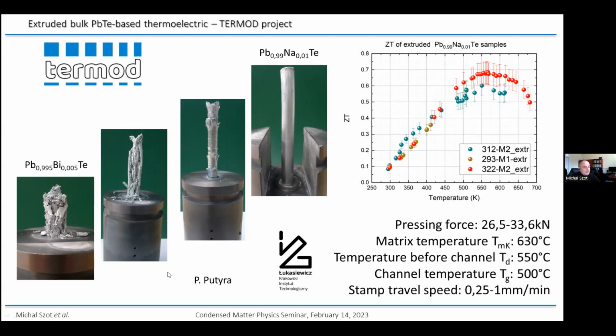Anyway, we found the proper conditions, and material which was obtained by extrusion method exhibits very, very promising thermoelectric properties with the zT parameter reaching about 0.7.